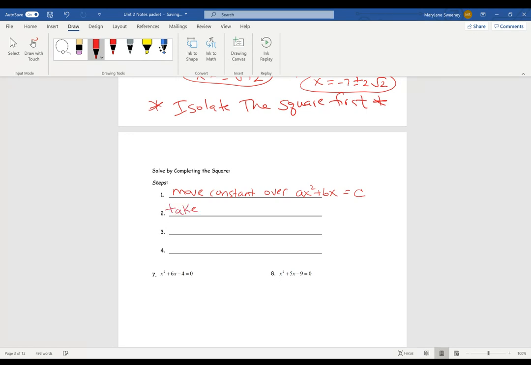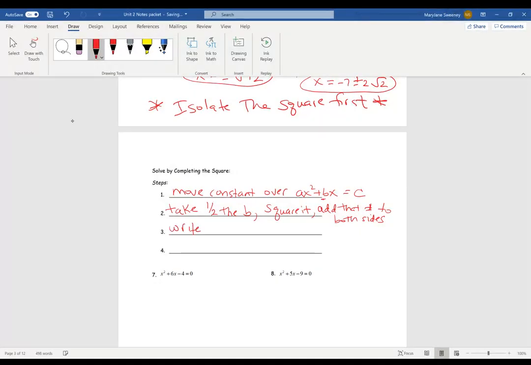Then we take half the b, square it, add that number to both sides. That's the completing the square process. Take half the b, the coefficient of the x, square it, add that number to both sides.